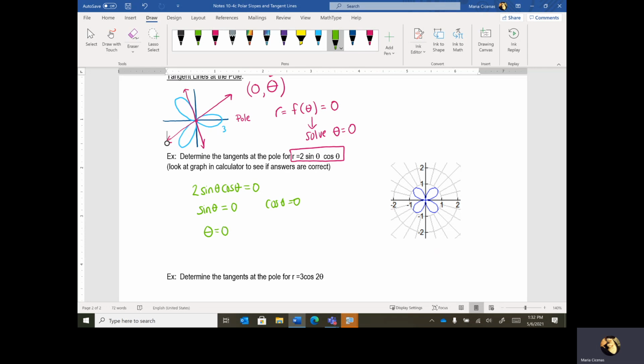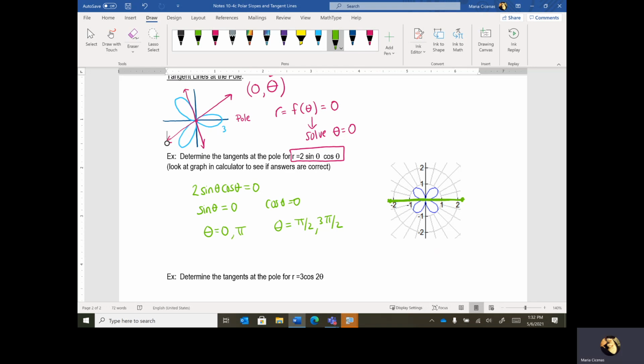Sine is equal to 0 at pi, just thinking in the interval 0 to 2 pi. Cosine would be 0 at pi over 2 and 3 pi over 2. Now, because 0 and pi, their locations really make them the same line.